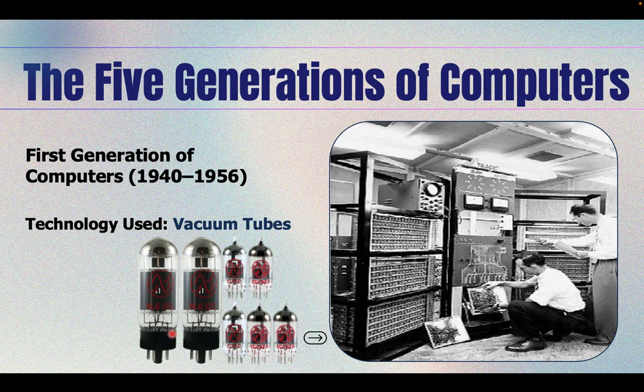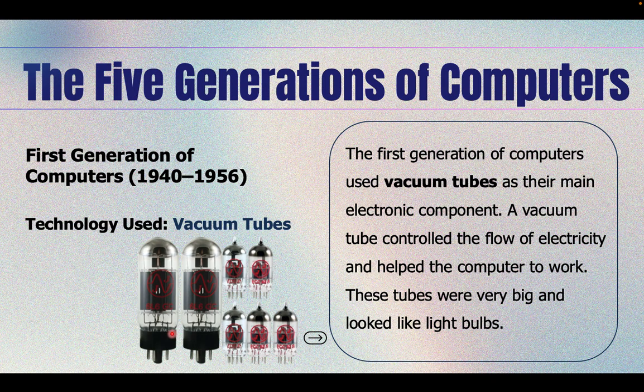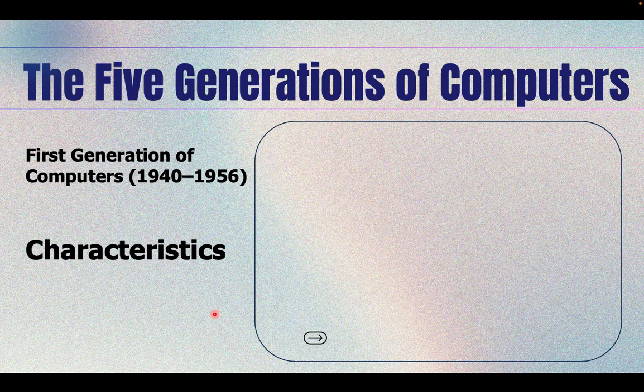So vacuum tubes were used in the first generation. Vacuum tubes control the flow of electricity and help the computer to work. Okay, and as we can see from here, they look like light bulbs. So that is the main circuitry of the computer in the first generation.